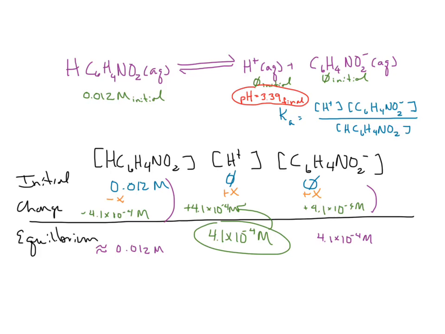I'm going to do that too. We got time. 4.1 E negative 4. For this number right here, my calculator displays 0.1159. So I have to round according to 3 decimals, and that's 0.0159 is what my calculator displays. So 3 decimals is 0.012.